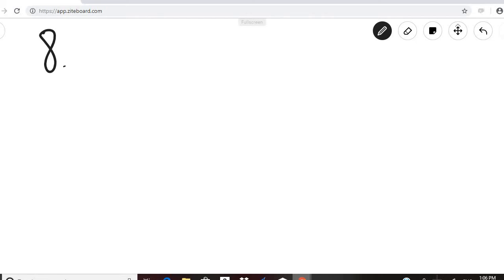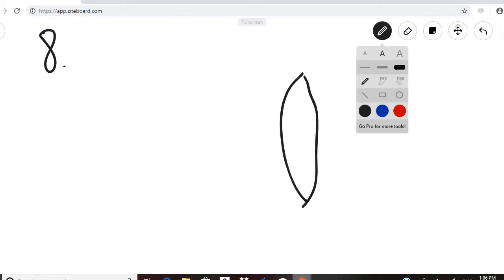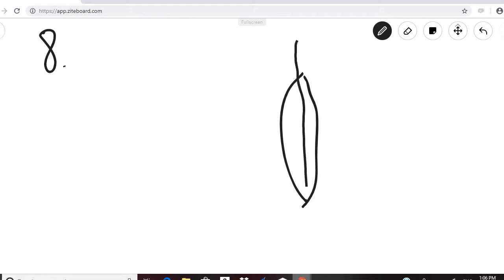Okay, so number 8 says we have a converging lens. So let's go ahead and draw our lens. It's converging. And we'll draw our line down the middle and our line through the middle.